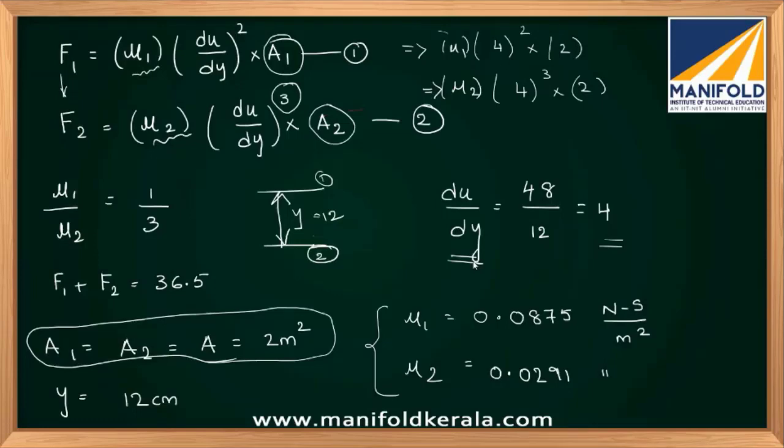Mu2 is 0. Yeah, it should be 0.0291 only. Kiran. Ashwati, sir, mu2 is 0.2625. No, I guess. Did you people properly equate the equation? 99.9% the answer should be this only.